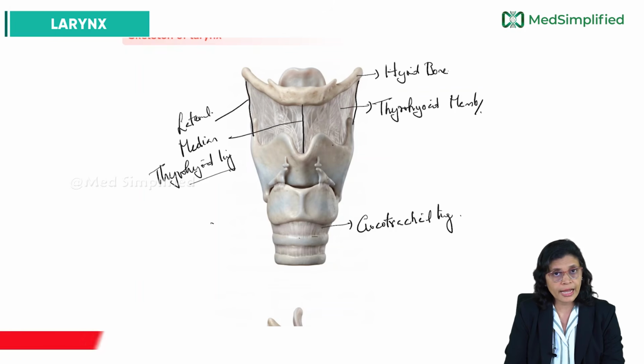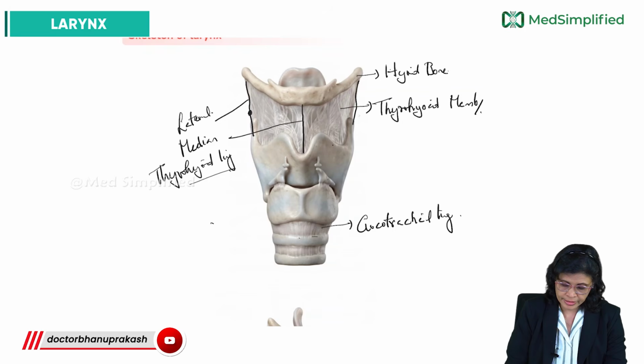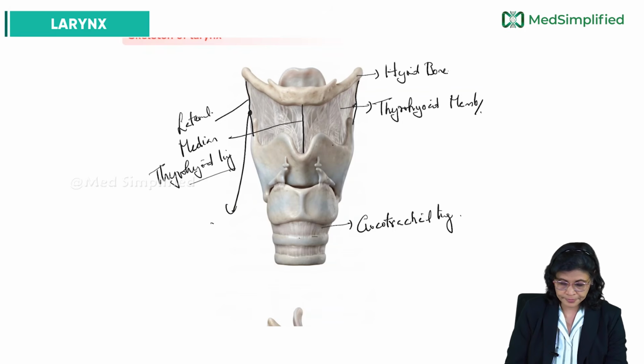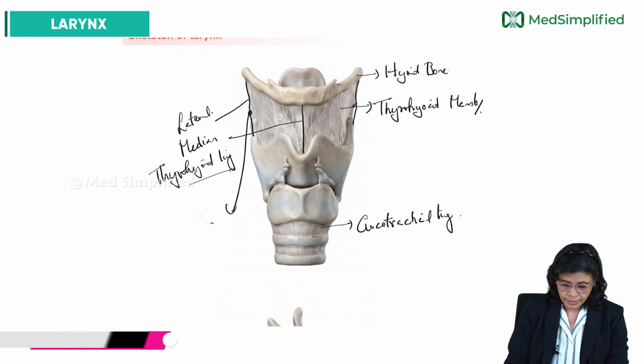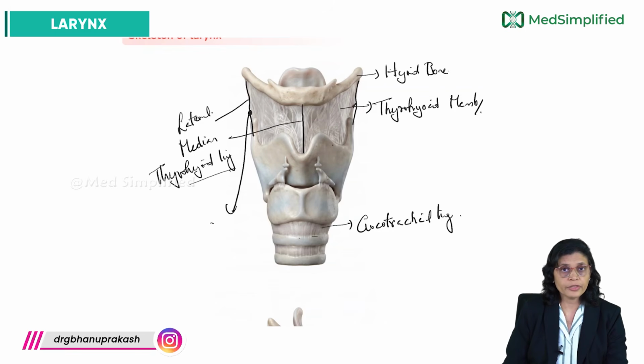Now, along the lateral thyrohyoid ligaments, there will be a small elastic nodule present in this area. Why do we call it elastic? Because it is basically made up of elastic cartilage.